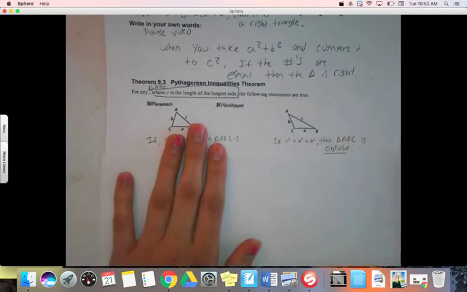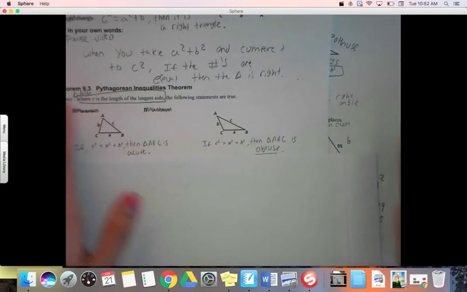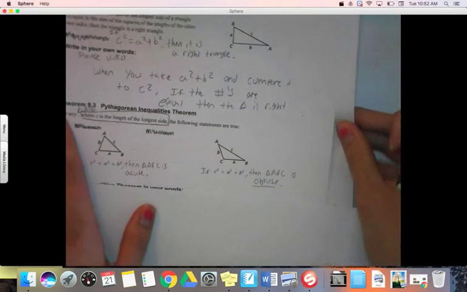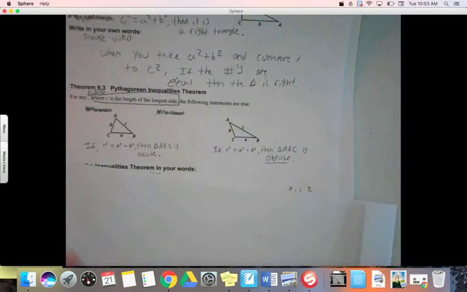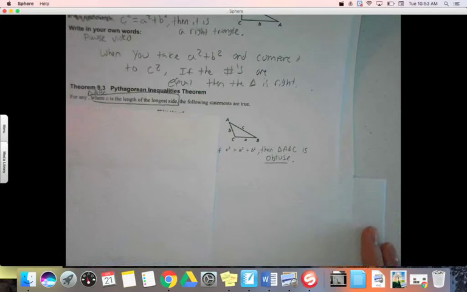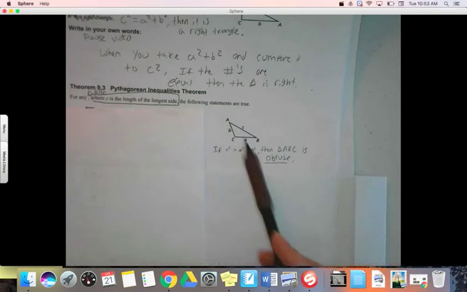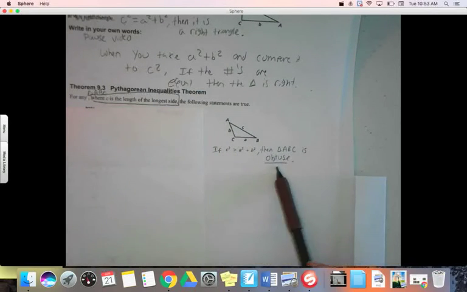Also, if c squared, so c is still the longest side, if c squared is greater than a squared plus b squared, then triangle ABC is obtuse.